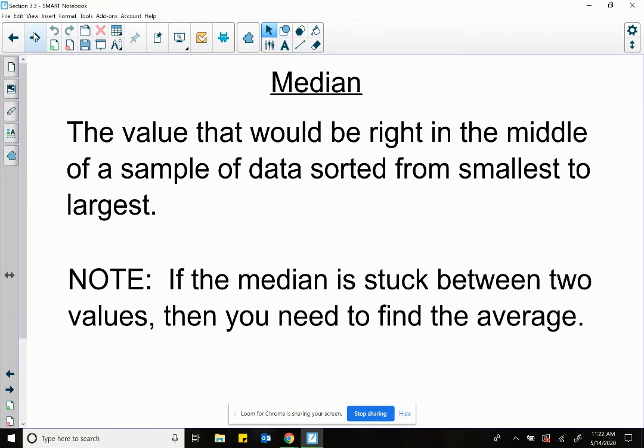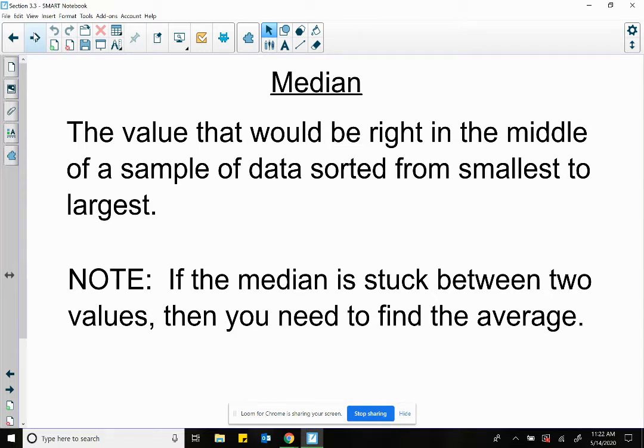This isn't going to be the tallest bar, like the mean was pretty much the tallest bar when you had symmetrical data. The mean and the mode were kind of the same. Here, the median may not be the tallest bar. It might be, depending on your data set, but it doesn't have to be.